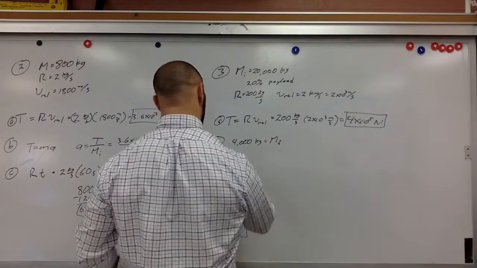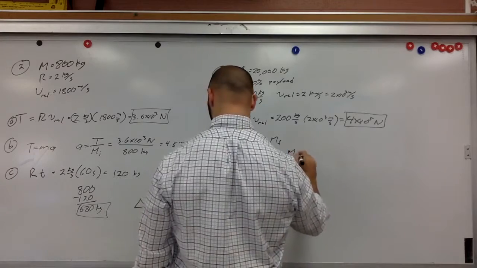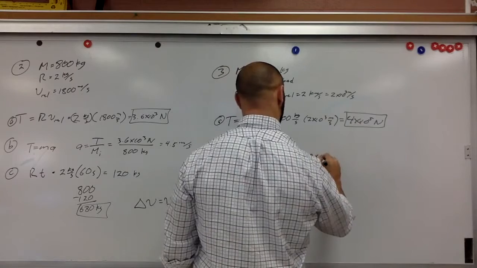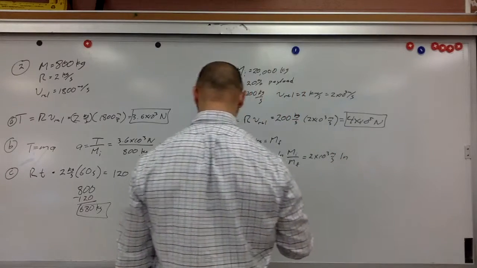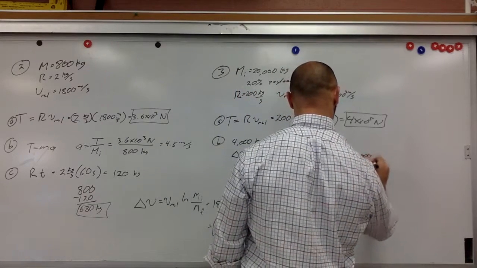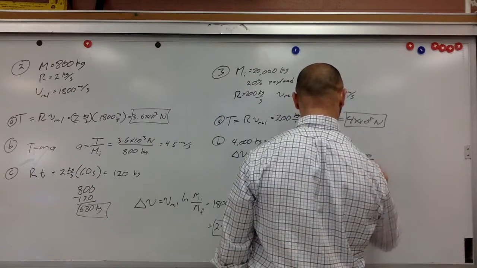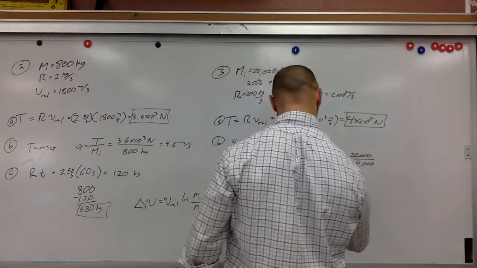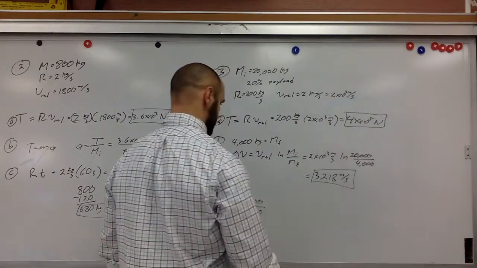And so delta V is V rel natural log mi over mf. V rel, 2 times 10 to the third meters per second. Natural log of the initial mass, which is 20,000, over the final mass, which is just the 4,000 kilogram payload. You should end up with 3,218 meters per second.